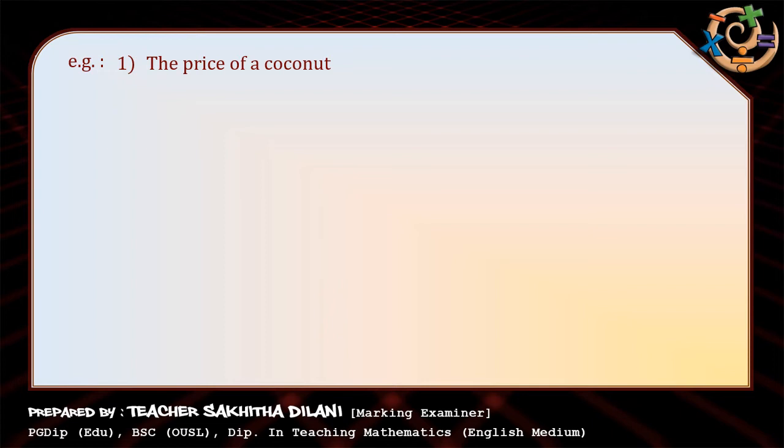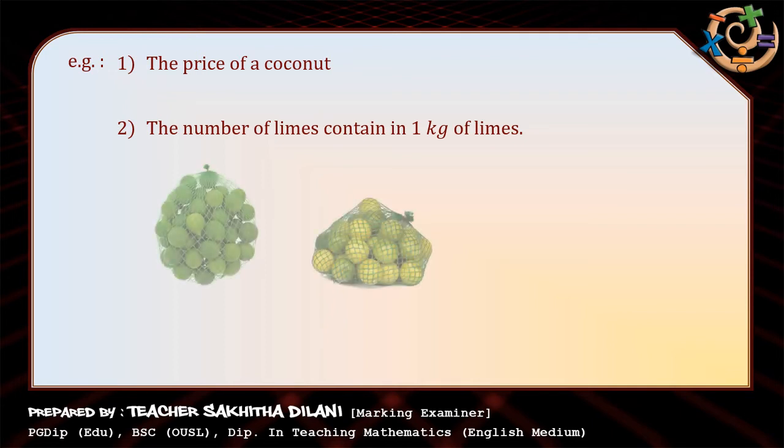Now let's consider another example. Consider the number of limes contained in 1 kilogram of limes. What can you say about them? Here you are shown 2 bags of limes of mass 1 kilogram each. Although their masses are the same, the number of limes in 1 kilogram of limes changes.